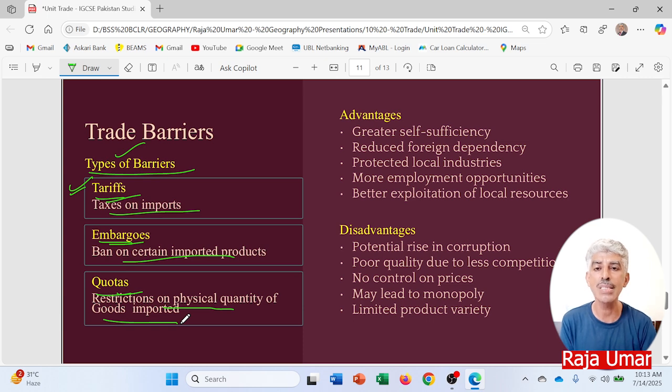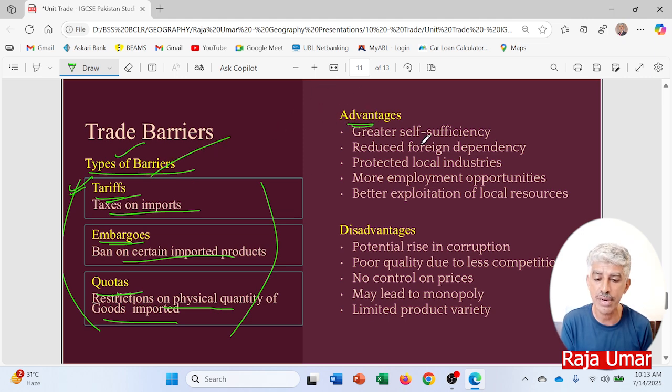So Pakistan's exports would decrease, as Pakistan is able to export 10,000 but is restricted to only 4,000 tons. That would be a greater barrier on exports as well. That is known as a quota. So these are the three trade barriers: tariff, embargo, and quota. Hopefully you have learned all these types with the help of the examples I have just explained.